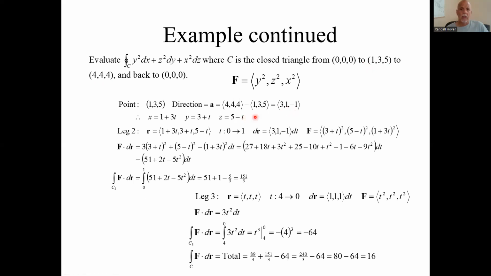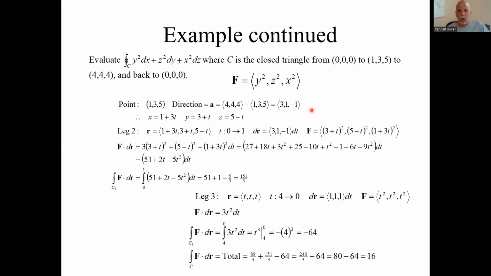And then this was the way to parameterize using the parameterization method. We had 3 different ways to write the equations of a line. This is the one that gives you the function in the parameter t, each of x, y, and z.